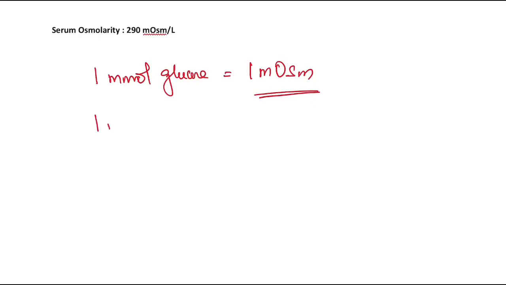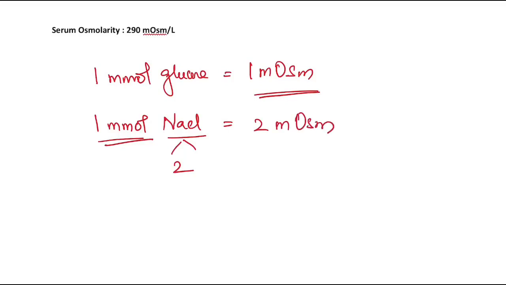If we give the same 1 millimole of sodium chloride as a concentration, it will have 1 into the number of particles it dissociates. Sodium chloride dissociates into 2 particles, so 1 into 2, it will have 2 milliosmole strength. Let's take 1 millimole of calcium chloride, then it dissociates into 3 particles, so 1 millimole into 3, it will give rise to 3 milliosmole strength.